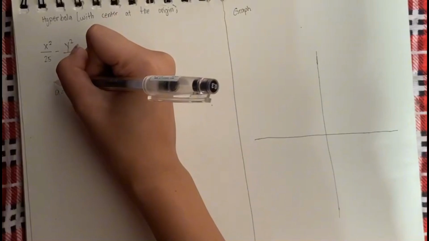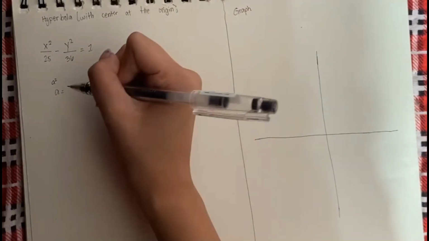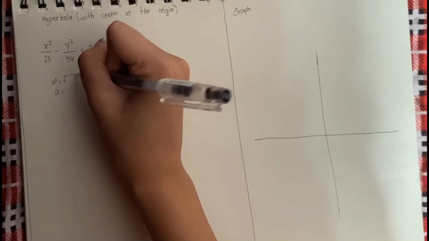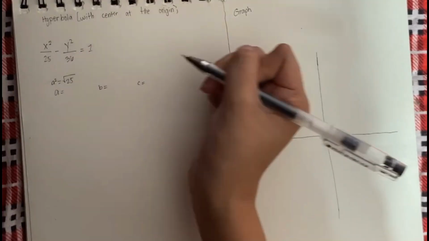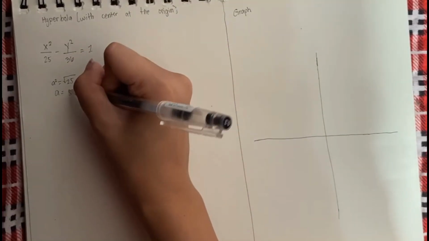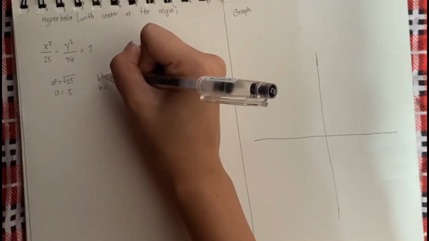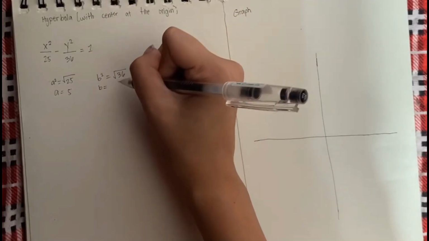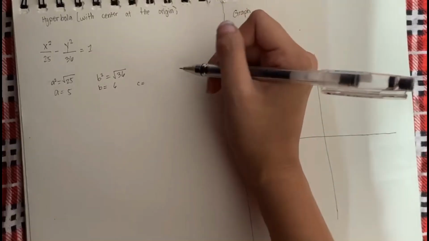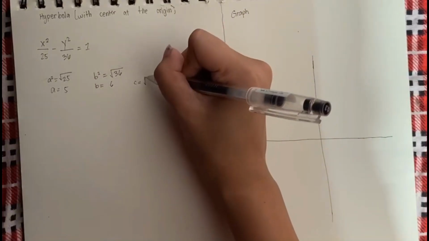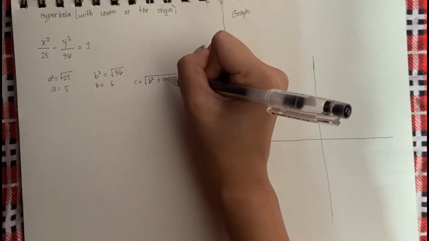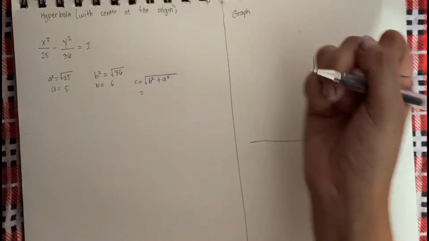To get the value of a, a squared is equal to 25, so a is the square root of 25, which is 5. Then b squared is equal to 36, so b is 6. To get c, you have to use the formula square root of b squared plus a squared.